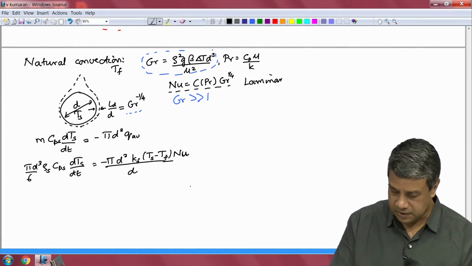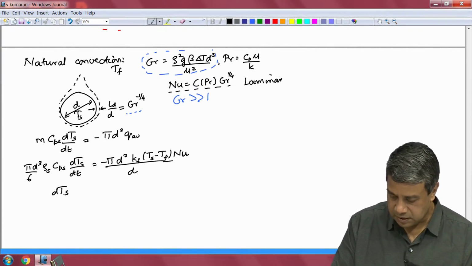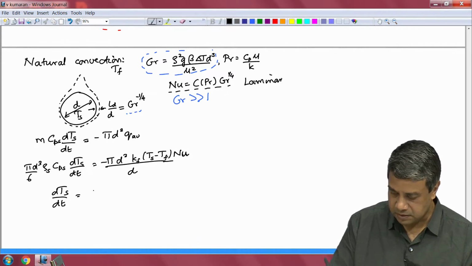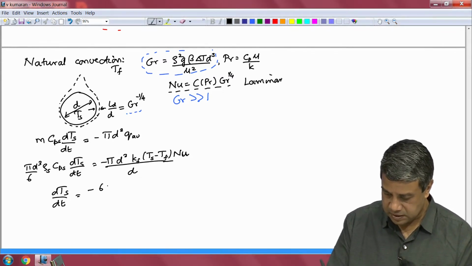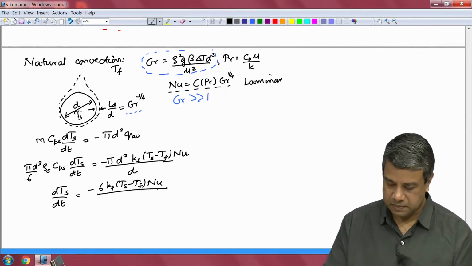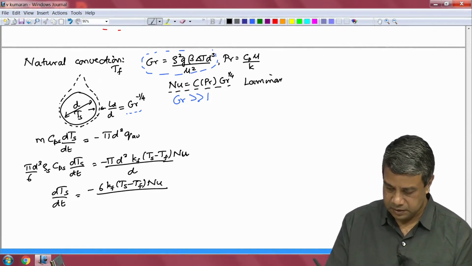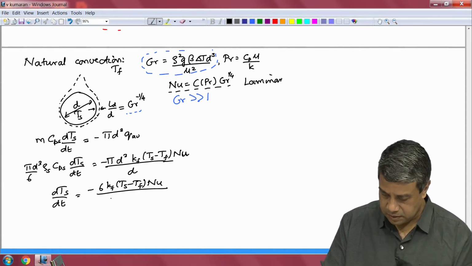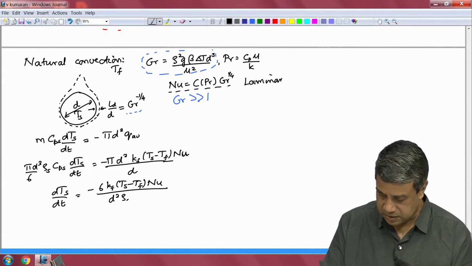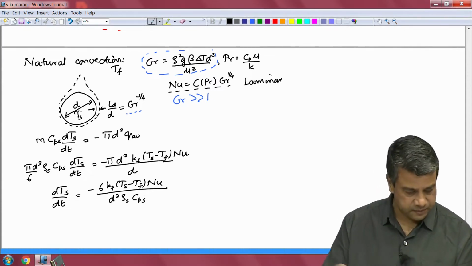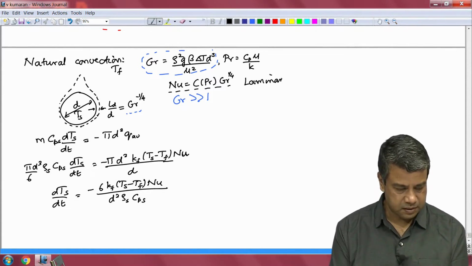And from this I will get dTs by dt is equal to minus 6 Kf into Ts minus Tf, times the Nusselt number, divided by d square into rho s into Cps.